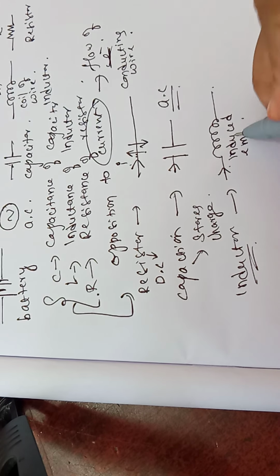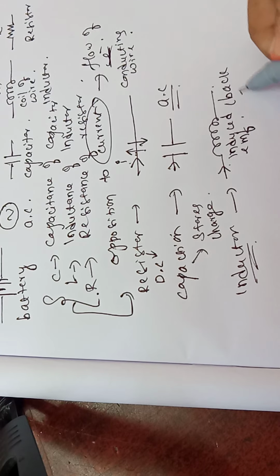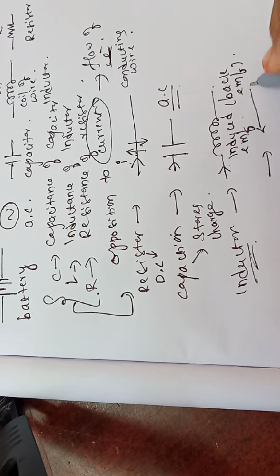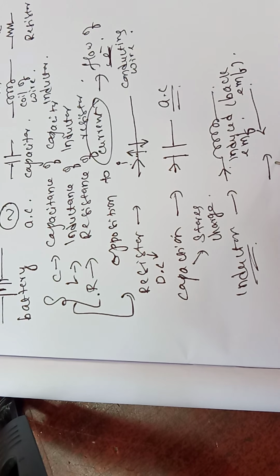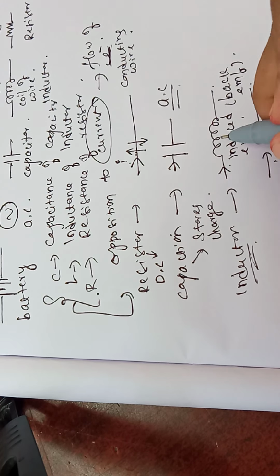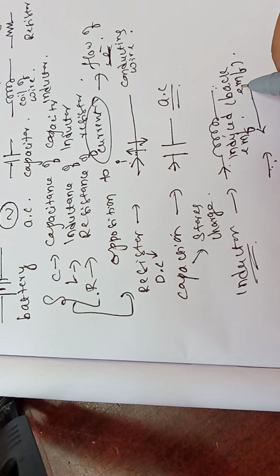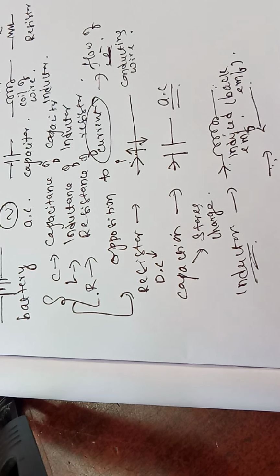The direction of this induced or back EMF is such that it opposes the original, incoming current. In such a way, it opposes the current flowing through it.